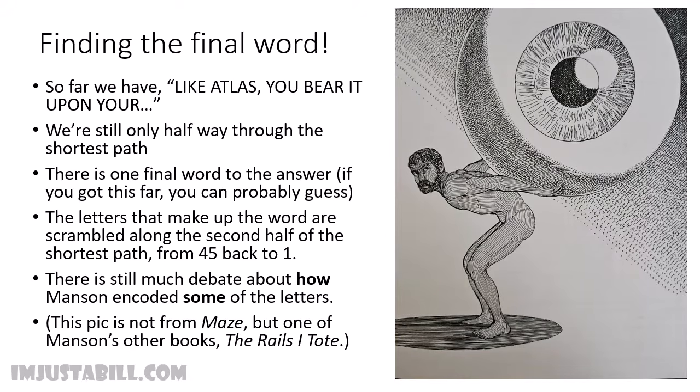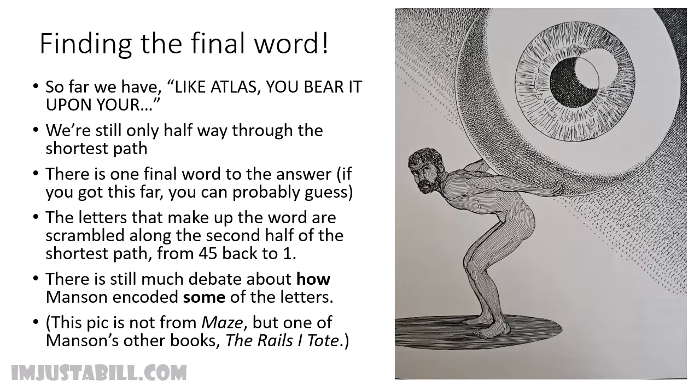Well, let's pause here and see how far we've gotten. We have walked the shortest path from 1 to 45. We haven't walked back yet. But so far, we have the words, like Atlas, you bear it upon your. And still only halfway through the shortest path, there is one final word to the answer. You can probably guess what it is from what I said.